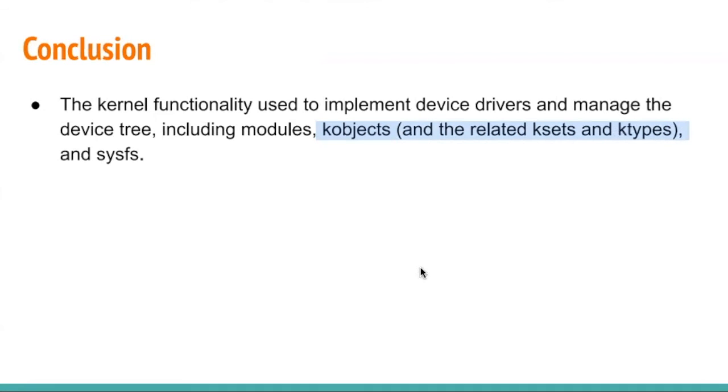Based on kobjects, we can build sysfs for a clean view of the whole system, and we can see different categories of devices in different directories of sysfs. That's all for this video. I will see you in the next video.